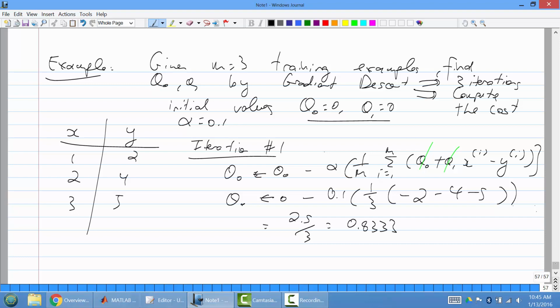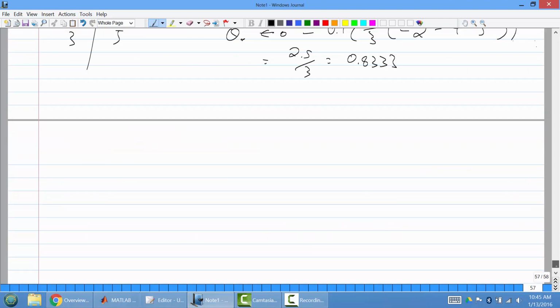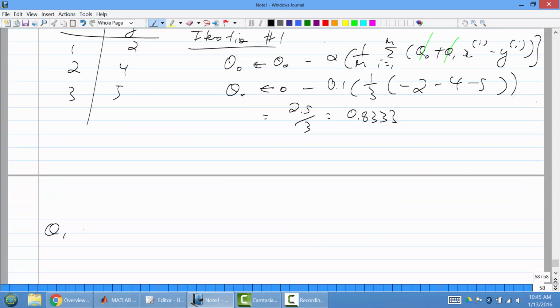Okay, and then when you want to calculate theta 1, you don't use 0.8333. You have to use the previous iteration, which is 0. Okay, that's what it means by simultaneously updating. All right, so now theta 1. And this is the sum from i equals 1 to m of (h(xi) minus yi) times xi.